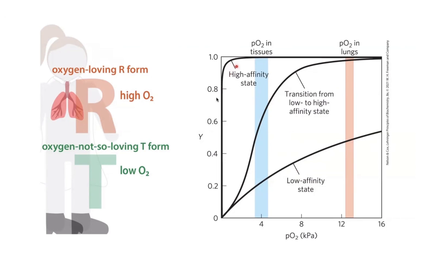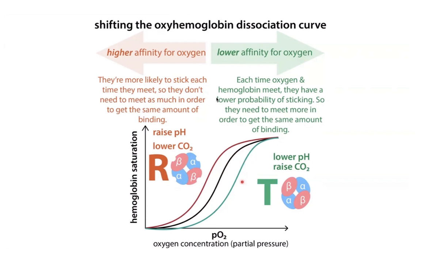It can seem a little counterintuitive, like you need oxygen, so you want to make it bind less. But yes, you want the hemoglobin to bind less so that it's actually releasing more. If you have a lower affinity for oxygen, you're better at releasing the oxygen. And if you had a better affinity for oxygen, you'd be worse at releasing it.